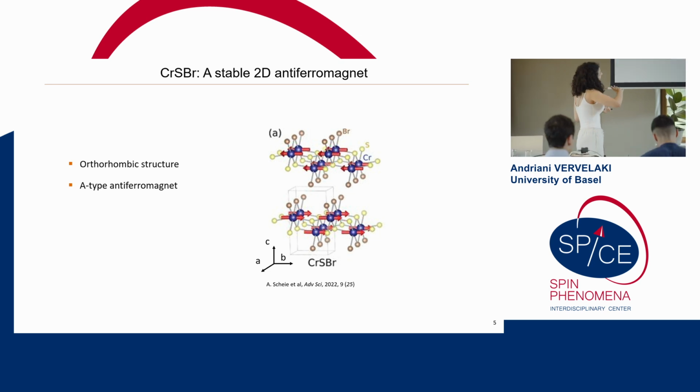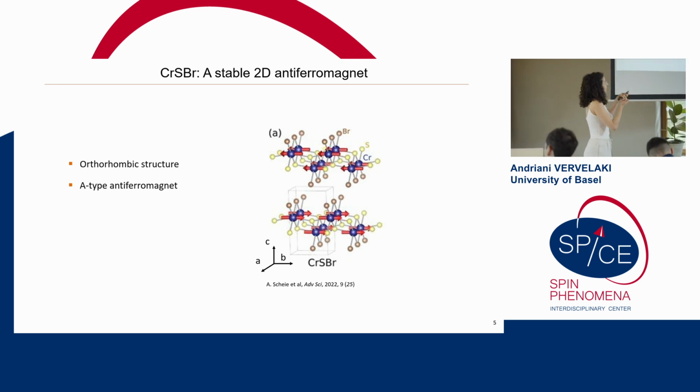It is an A-type antiferromagnet, meaning that the spins are aligning ferromagnetically in the plane, but we have an antiferromagnetic coupling between the different layers. Also, it has a biaxial anisotropy with the easy axis pointing along the crystallographic b direction, while intermediate and hard axes are along the a and c axes.